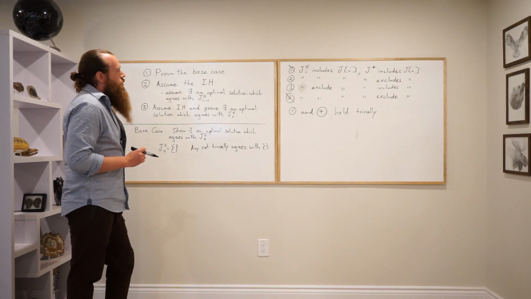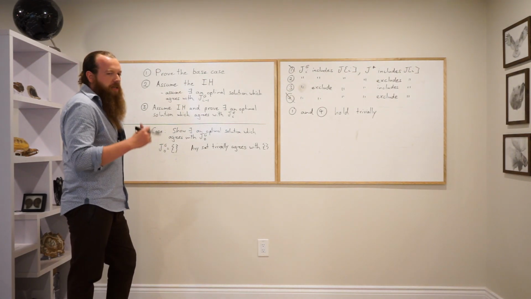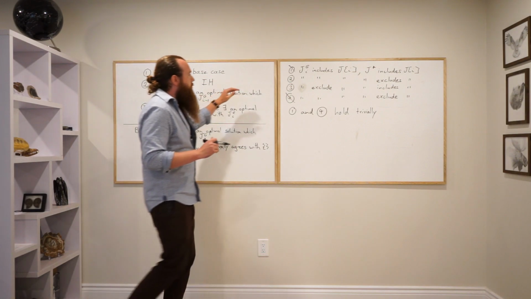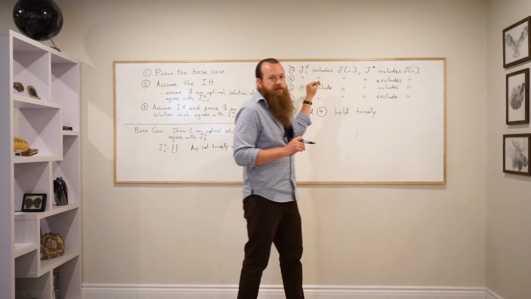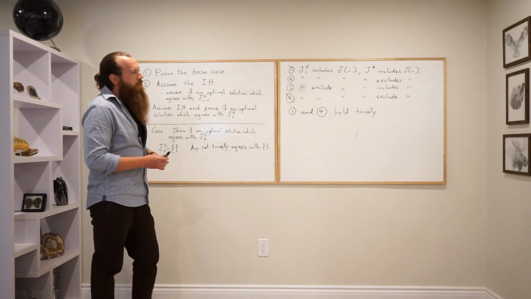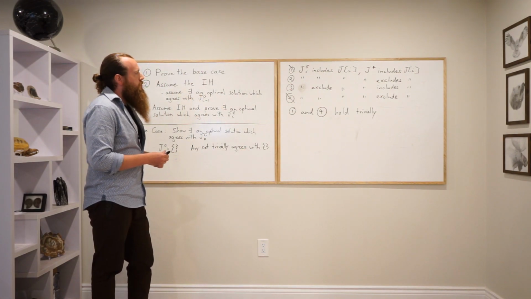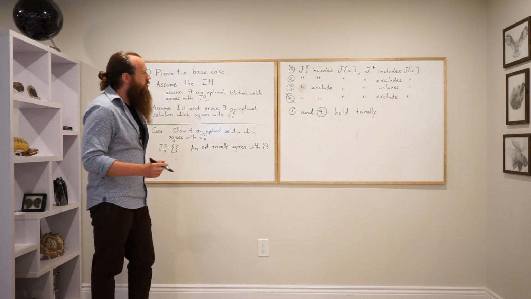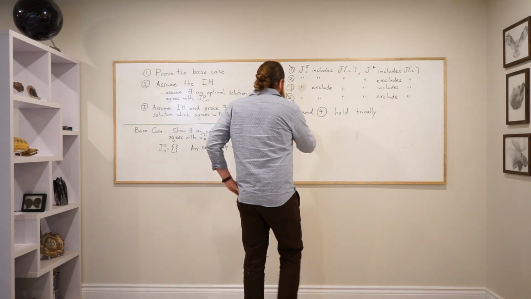So can we show that 2 and 3 never happen? And when I say never happen, basically, if you assume this, you can show a contradiction. If you can do that, then you can show that this case will never happen. And I want to zone in on case 3.